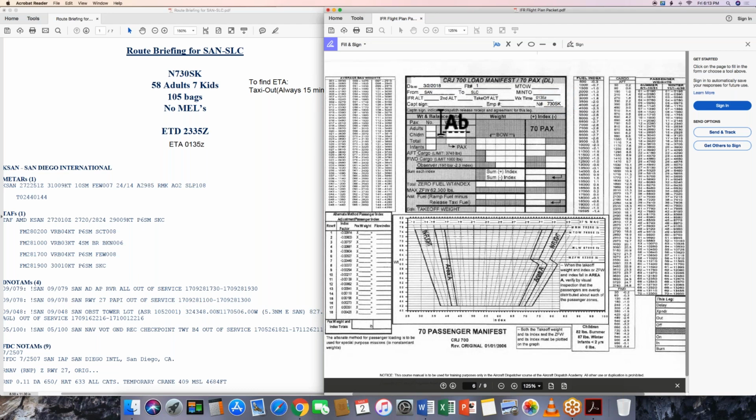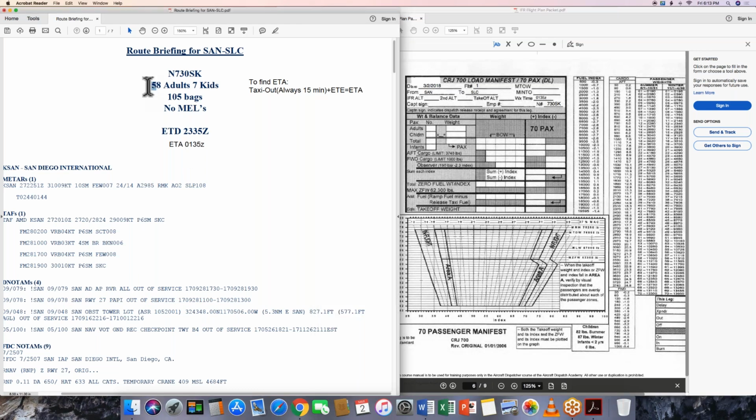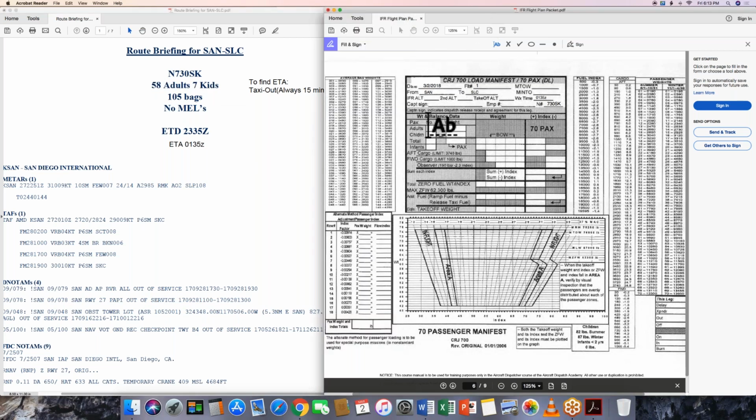Now, who remembers the first thing that we do with our weight and balance chart, after we get some of that OCD stuff out? We figure out how many people and baggage need to be loaded onto the aircraft. Our route briefing guide gives us an amount of passengers. So we've got 51 adults and 7 kids. Good. So we come here. We go 58 adults.